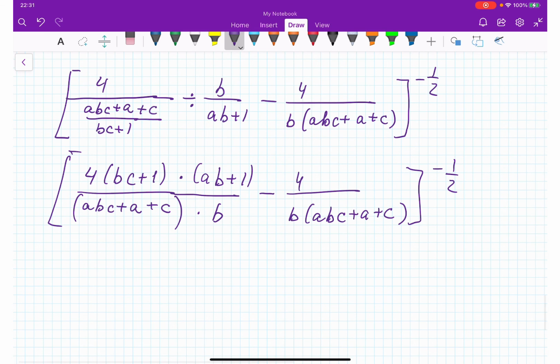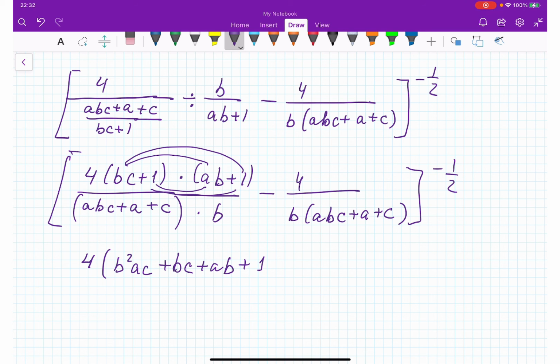Actually I can do it here slowly. 4 times, so it's going to be BC times AB, it's going to be B squared AC, right? And then BC times 1, it's going to be plus BC. And then 1 times AB is going to be plus AB. And 1 times 1, it's going to be 1.